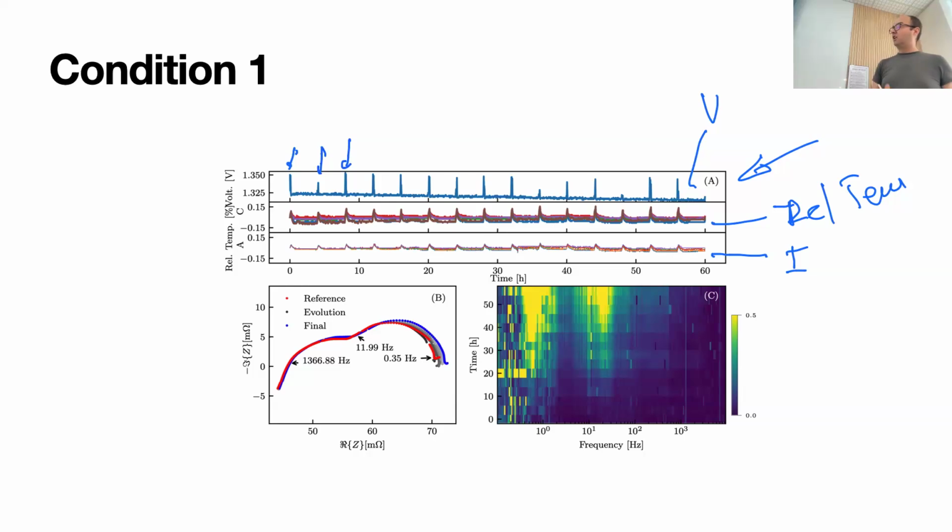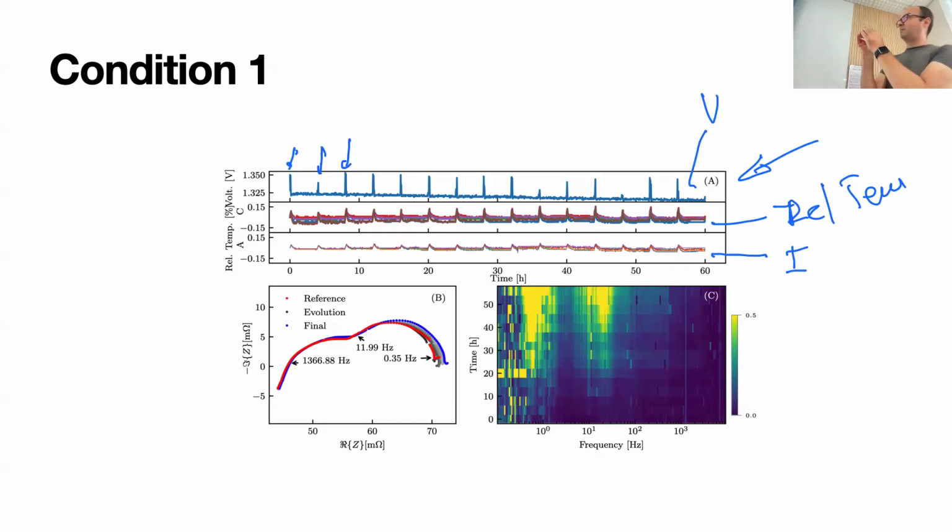On the lower left part of the screen, you can see the 60 EIS curves. The red one is a reference: the very first EIS curve, and the blue one is the very last one. Shades of gray show the time evolution.